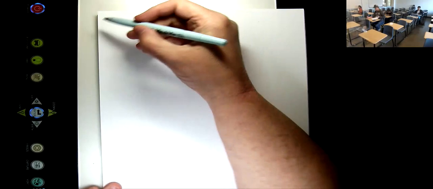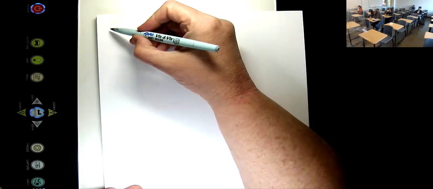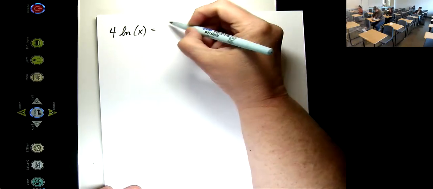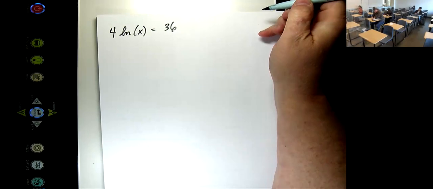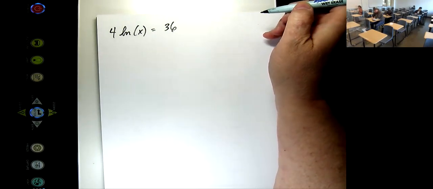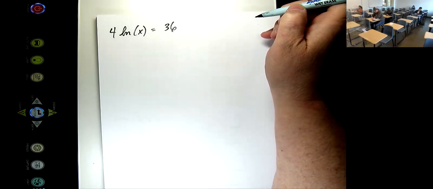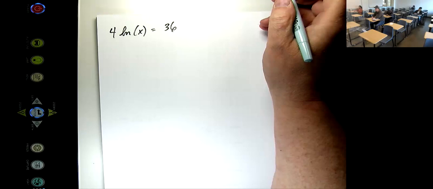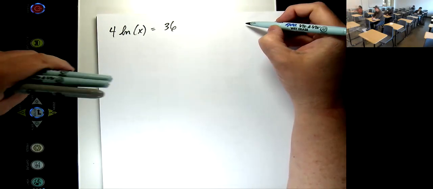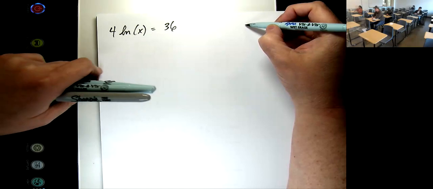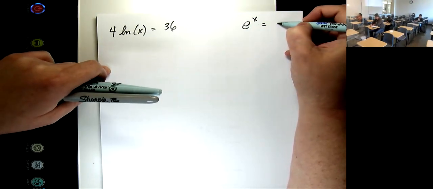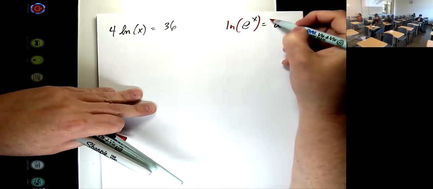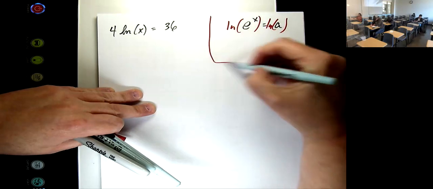All right, let's change it up. We've been dealing with exponential functions. Let's start working with some natural log functions or log functions. The same way we started with e to the x equals a, and we took natural log of both sides to get rid of that.